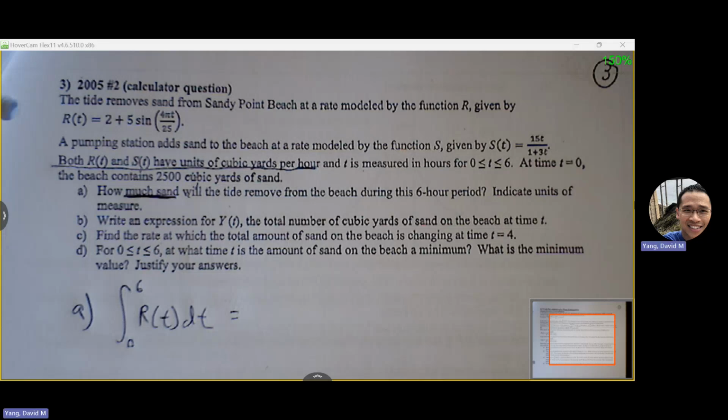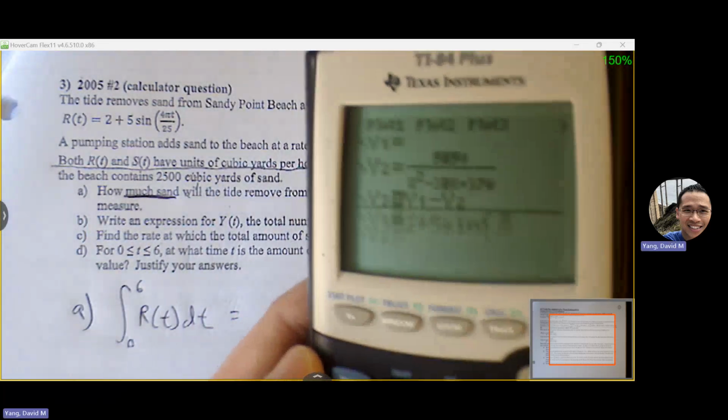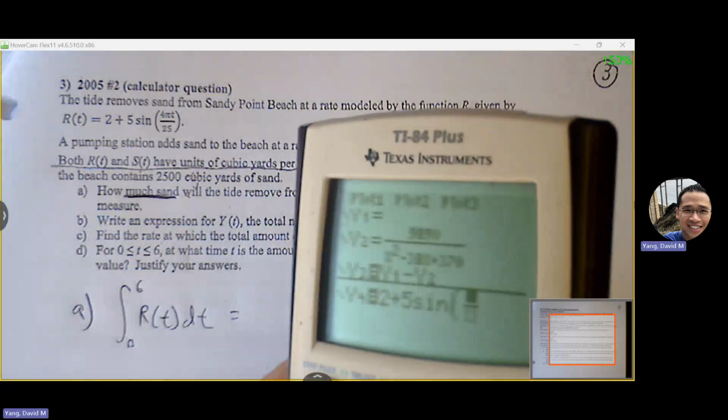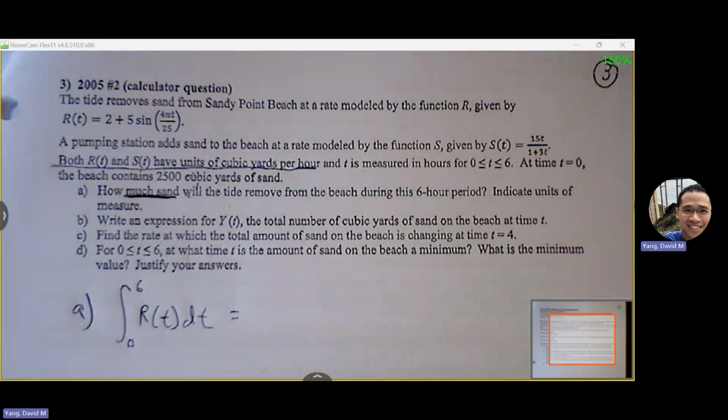And again, alpha y equals will get you that fractional feature. So alpha y equals, and then that way you can type in without having to use, it just feels a little bit cleaner. So we do 4 pi x divided by 25. Right, math 9, 0 to 6.